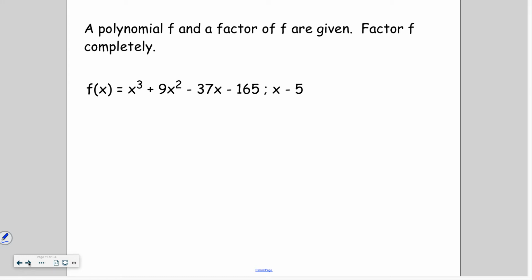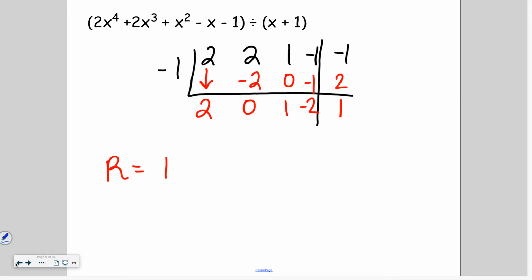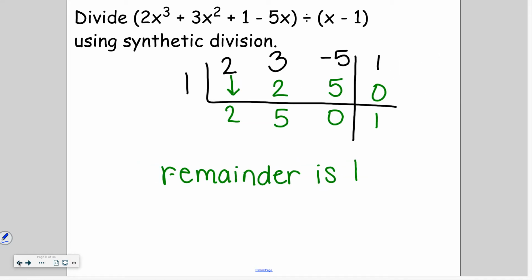All right, so a polynomial and a factor of f are given. Factor completely. All right, so I want you to go back and look real quick at the ones that we've done now, and tell me, based on what we wrote, make sure.